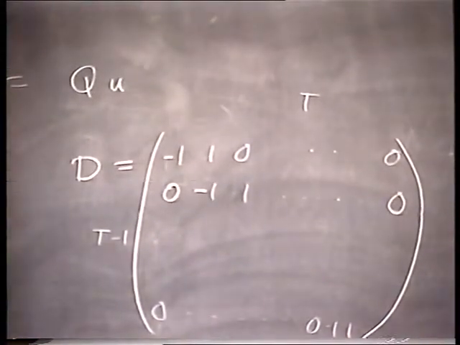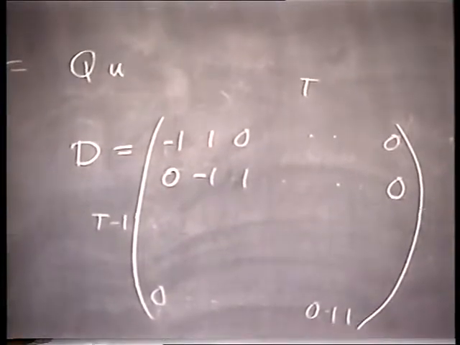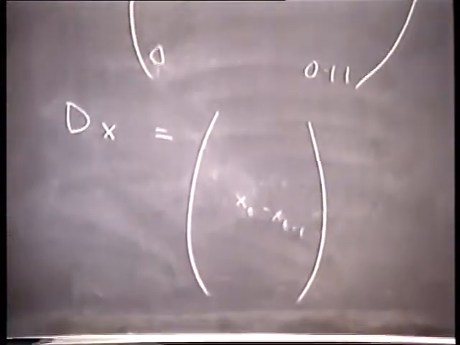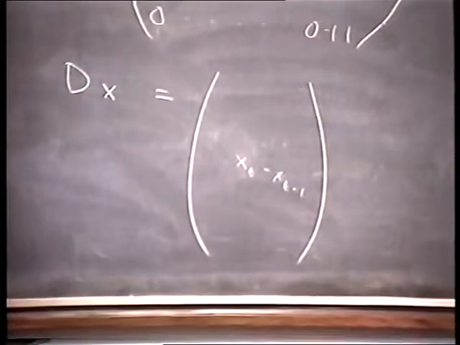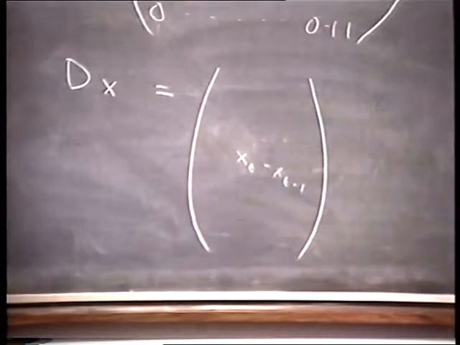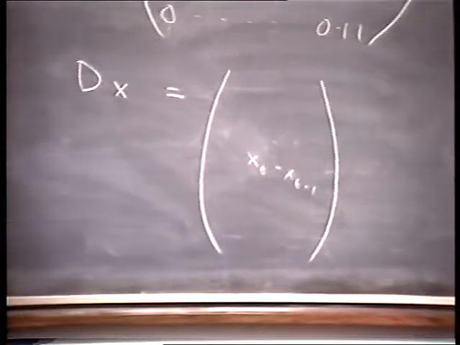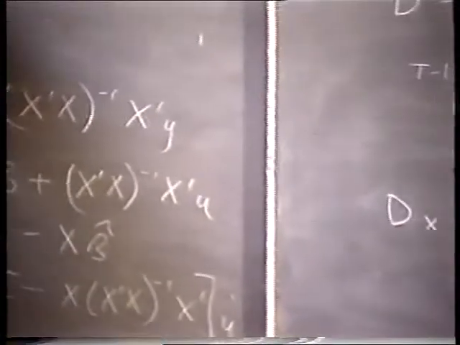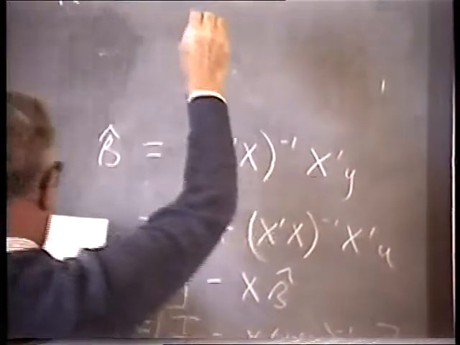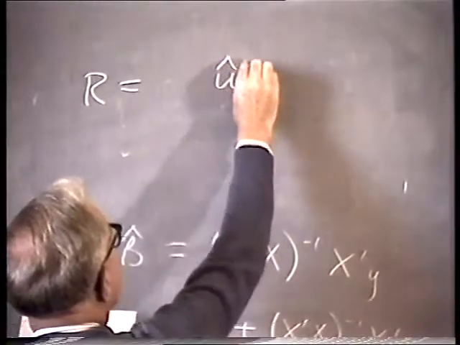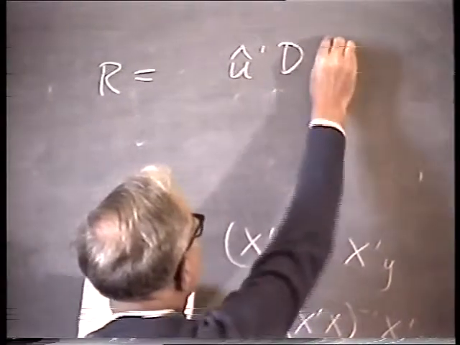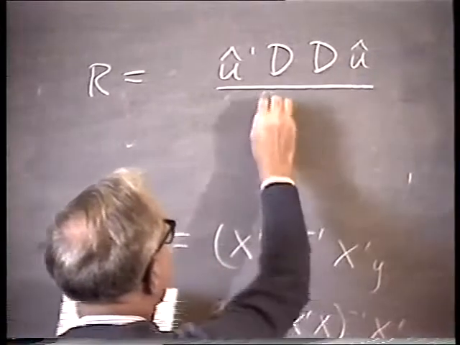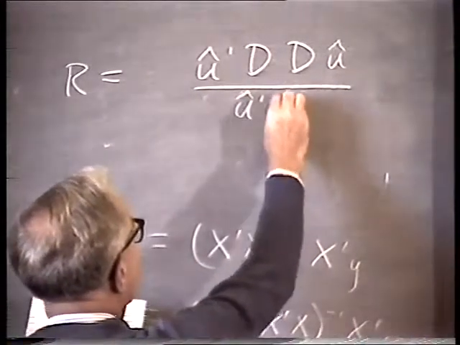Now, clearly, if we look at the Durbin-Watson statistic, which I'll define as capital R, one has that it is going to be given by u hat' D' D u hat over u hat' u hat.